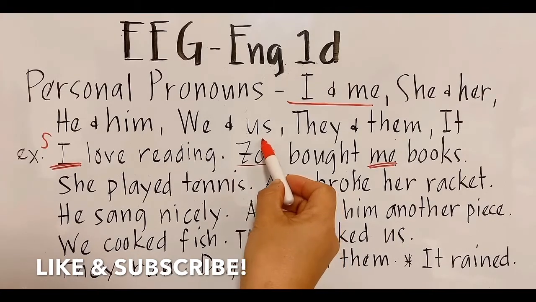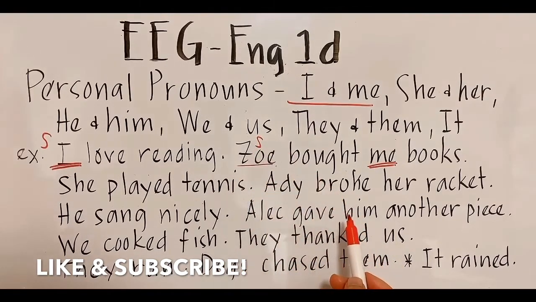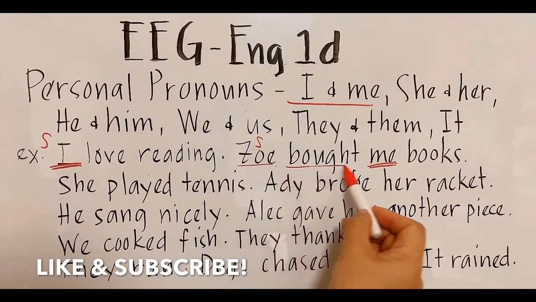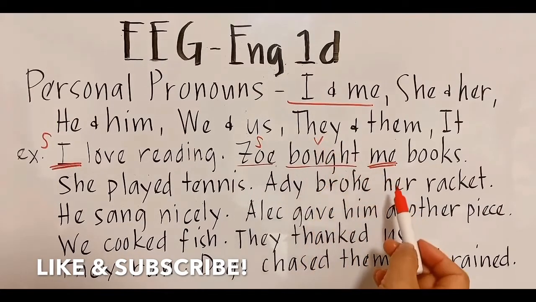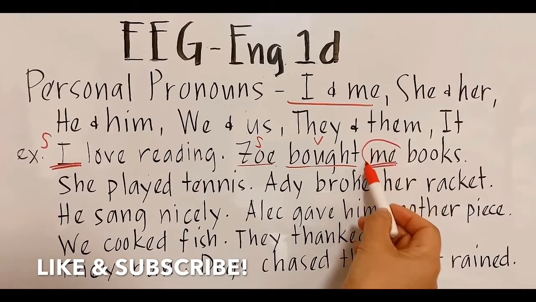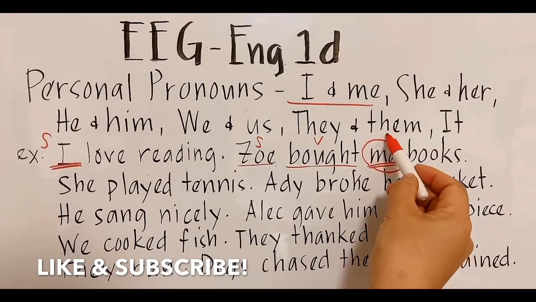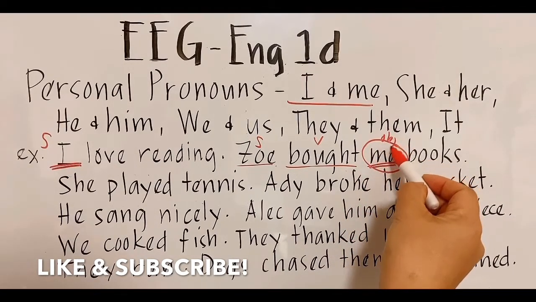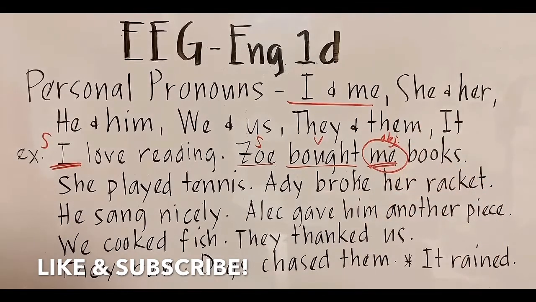Zoe is the subject, and bought is the verb. Me is an object, an object pronoun, while I is a subject pronoun. Did you get it?